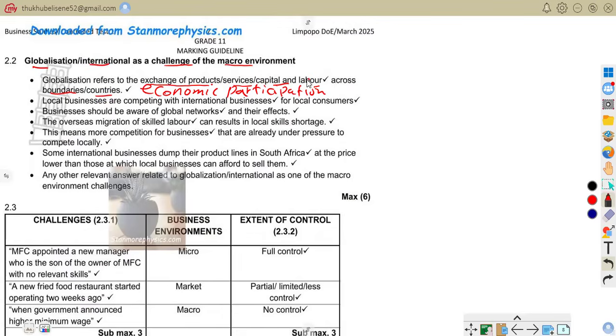Also, local businesses are competing with international businesses for local consumers. Meaning to say, foreign businesses compete for the same customers as local ones. Here we're talking about the competition of local as well as foreign businesses.